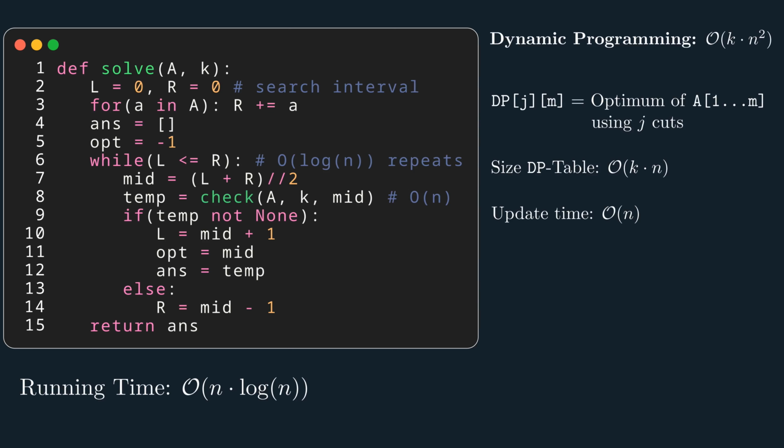Each entry can be computed in time O of n, which means that the total running time is in O of k times n squared, meaning that we can greatly outperform this dynamic programming approach by simply guessing the solution and checking it later. Sometimes simply guessing is the smartest way to solve it.